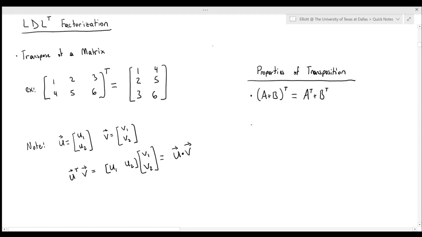This one's probably not super important, but if you have a scalar applying to a matrix and then transpose that, you can pull the scalar outside, transpose the matrix first, and then multiply by the scalar.